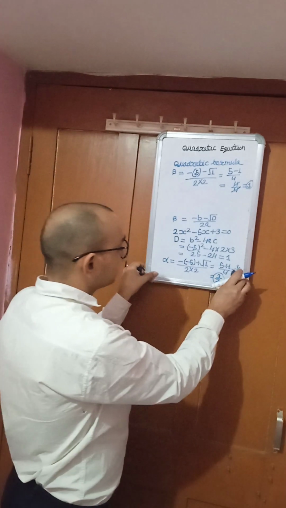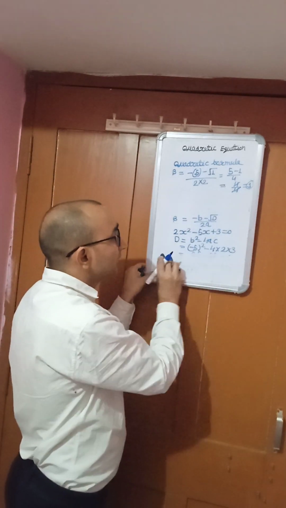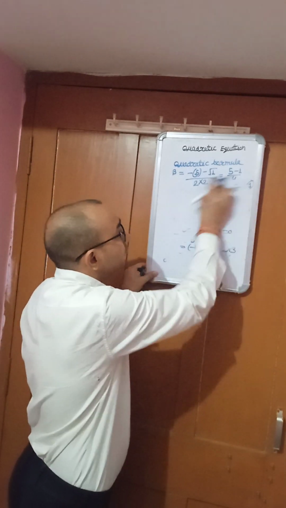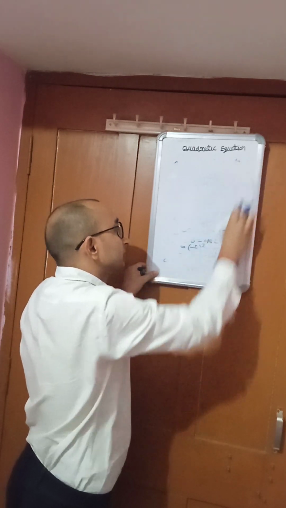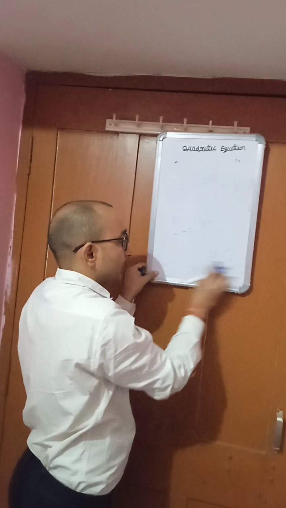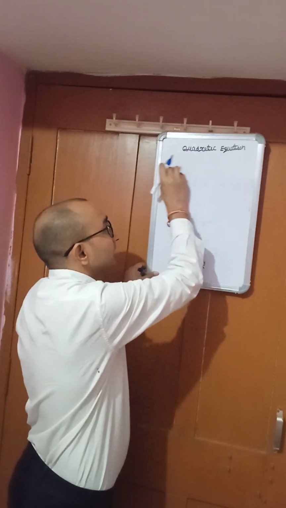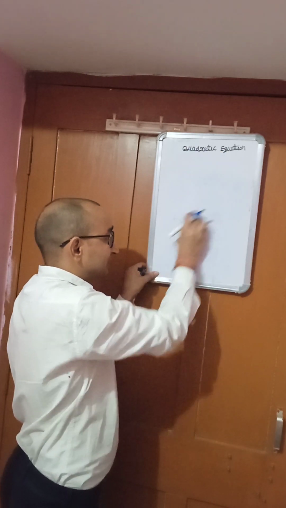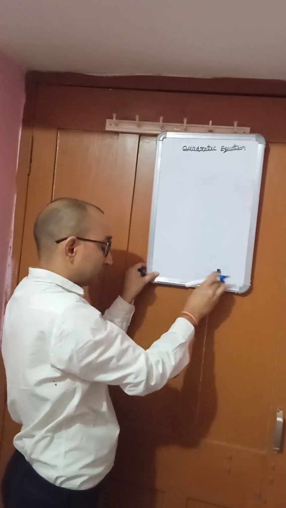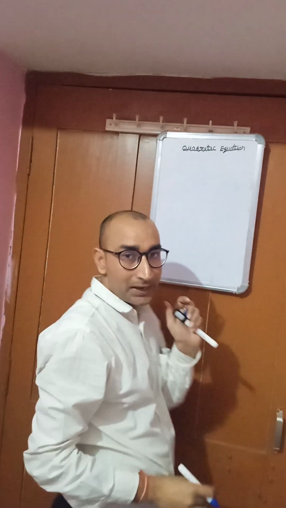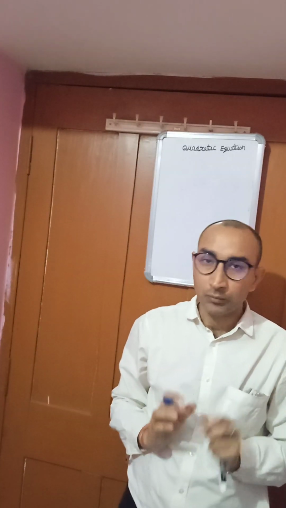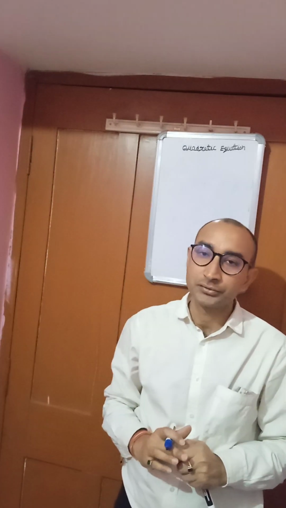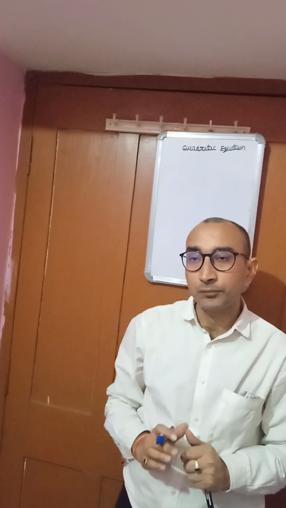So from this I have explained the quadratic formula here. And so I have explained the factorization method, the quadratic formula method, and I want to explain nature of root.